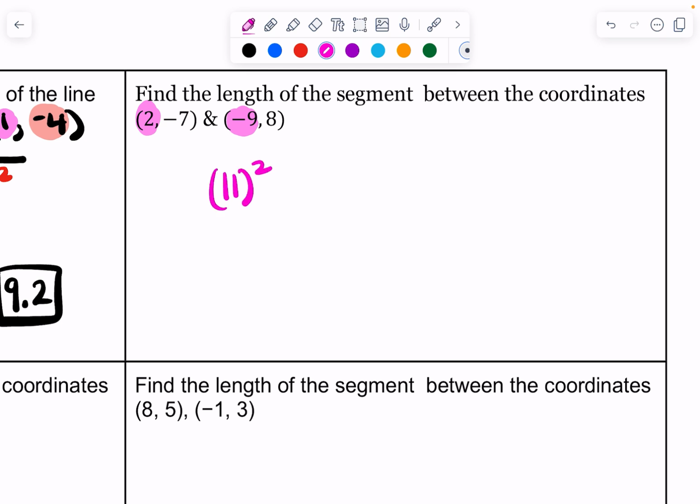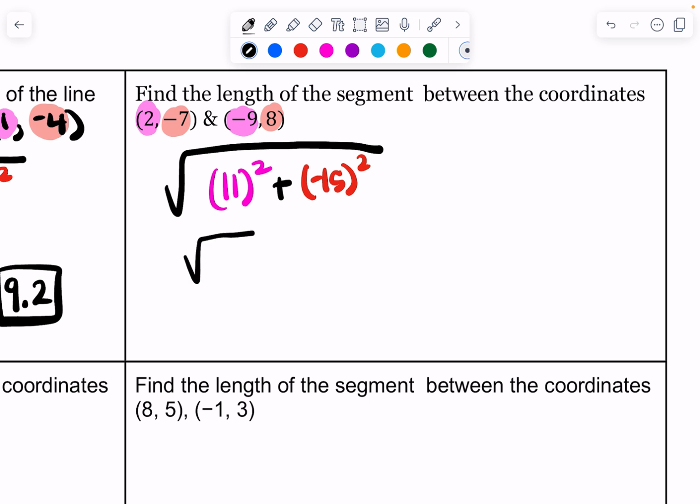Put those in parentheses, squared, plus the differences of our y's. -7 minus 8, which gives us -15. That's going to go in parentheses, squared, and then we're going to take the square root of this at the very end. So 11 squared is 121. 15 squared, or -15 times -15, which is positive, is 225.